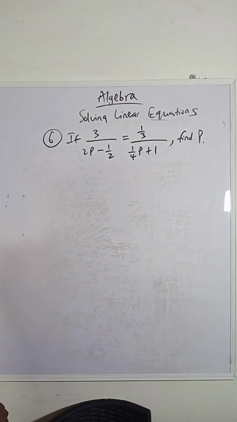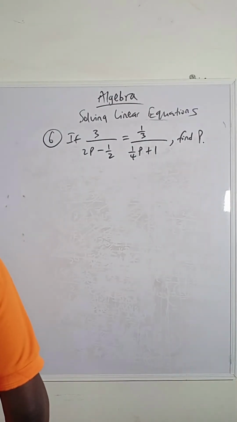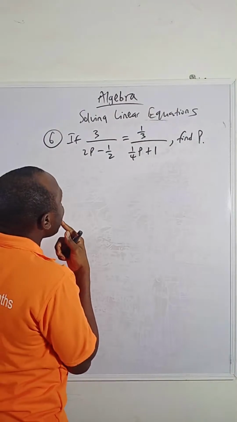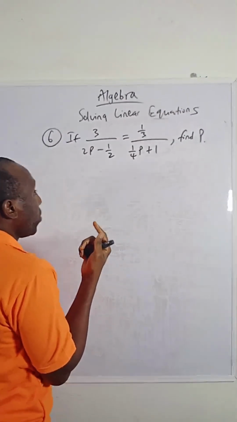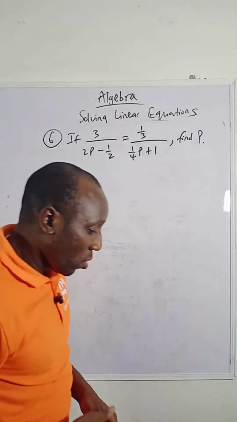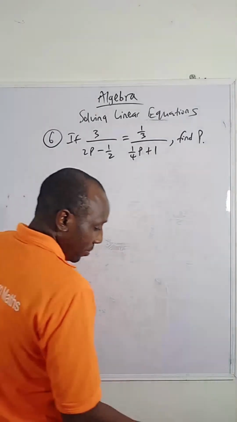Now you have to be careful because of the nature of the fractions, especially. You have to be really, really careful. So what I would do first of all is go ahead and cross multiply.